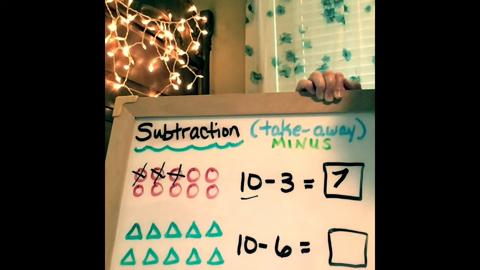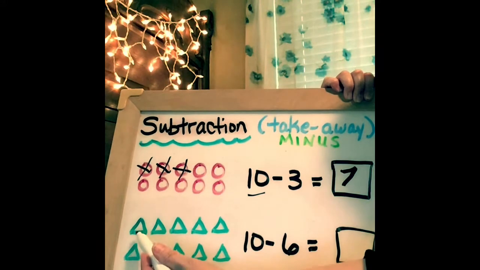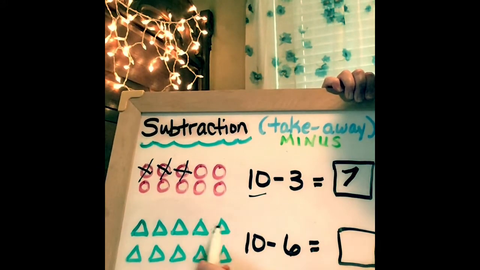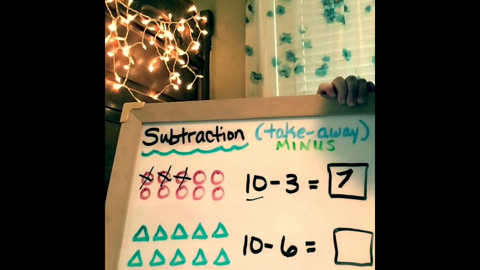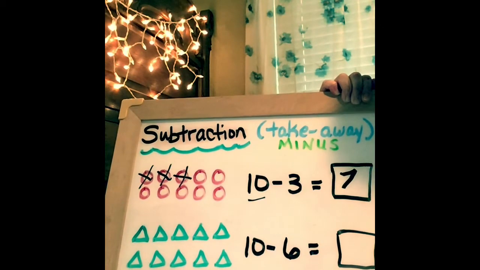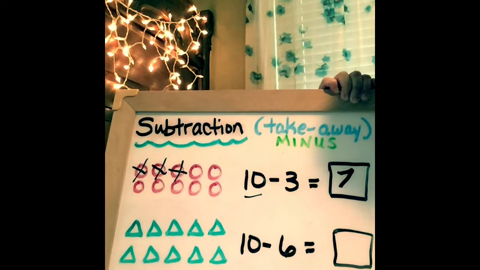Okay, so you probably would know how to do the second one, but we'll do it together. I have 10 again. 1, 2, 3, 4, 5, 6, 7, 8, 9, 10 triangles. And I'm just going to mark out, do I mark out 3 again? No, let's look at the number sentence and what it's actually asking us to do.